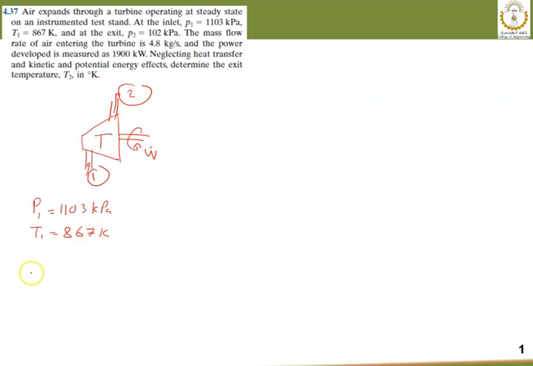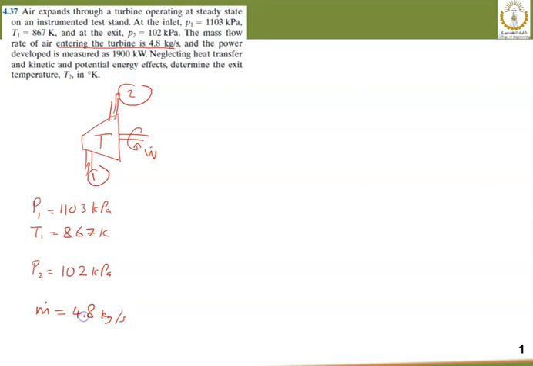P2, the outlet, is 102 kilopascal. The mass flow rate of air entering the turbine is 4.8 kilogram per second.